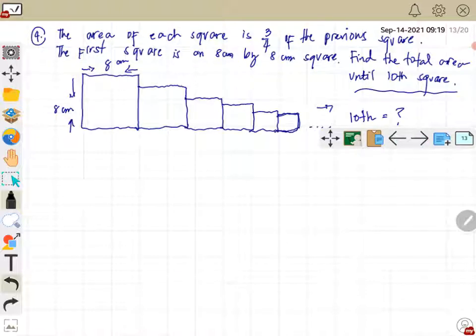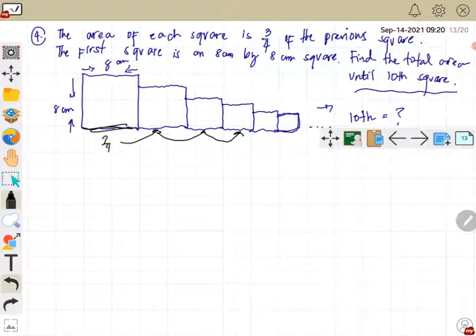So number 4, we have here the area of each square is 3/4 of the previous square. Meaning if you have this square and multiply it by 3/4, you get this square. Multiply it by 3/4 again, you get the area of this square. Multiply this again by 3/4, the area becomes this square.